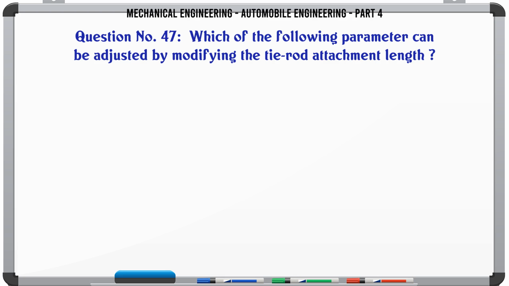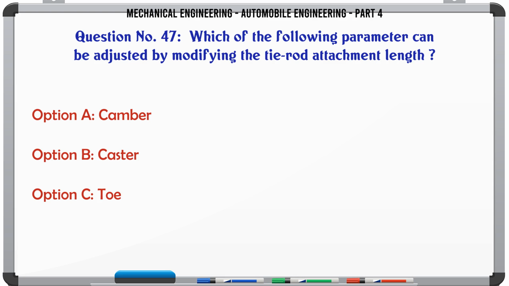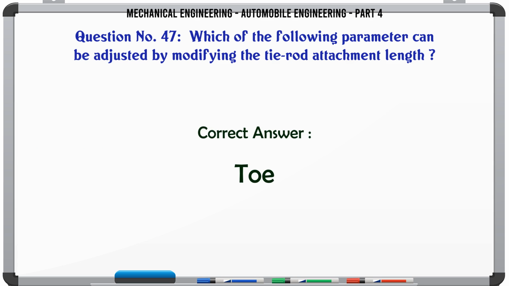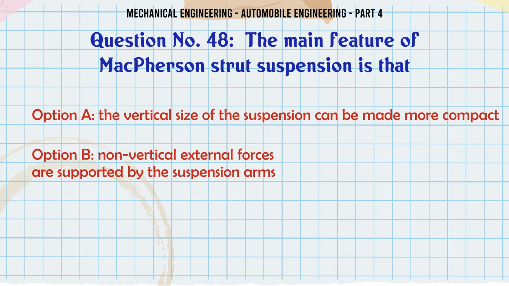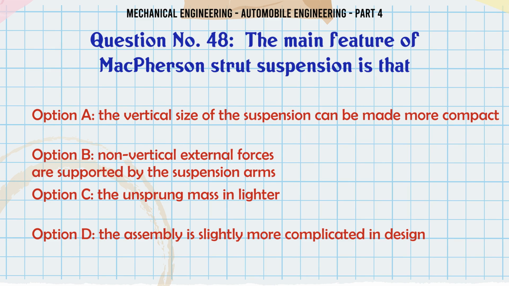Which of the following parameters can be adjusted by modifying the tie rod attachment length? A. Camber. B. Caster. C. Toe. D. Steering gear ratio. The correct answer is toe. The main feature of MacPherson strut suspension is: A. The vertical size of the suspension can be made more compact.